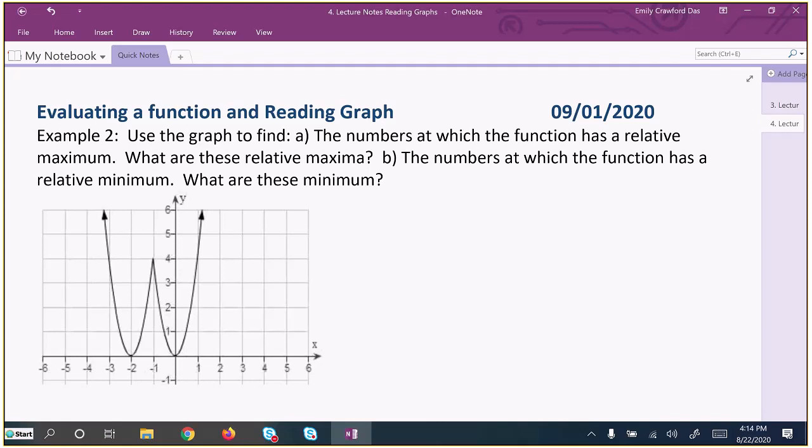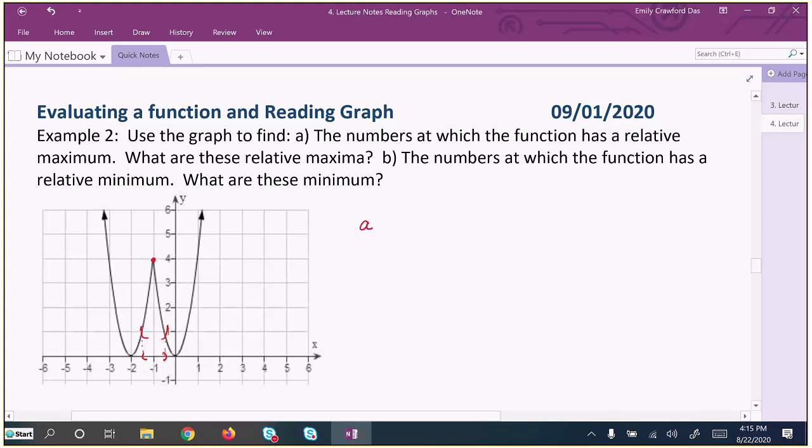So relative maximum means that I can find an open interval around which all of the other points are smaller. That looks like that should be this point here. Because if I took a little interval here to the left and right, then all of the values inside this interval are smaller than the function value here.